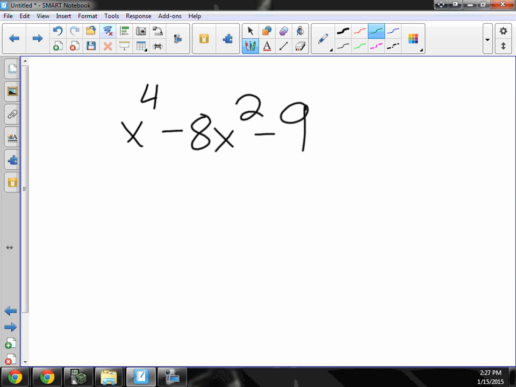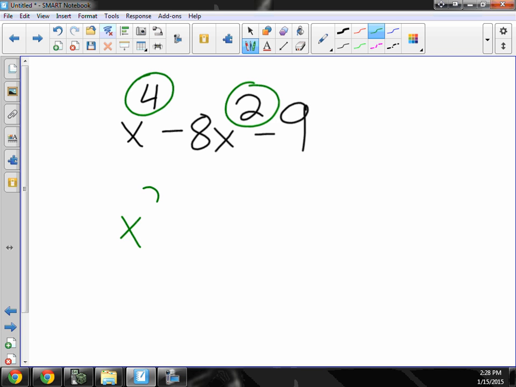Okay. Can we factor this? Is it a quadratic? It's a quartic, but could we pretend it's a quadratic and still factor it? Why? What is it about these two exponents that allows me to treat it like a quadratic even though it's not? Right, that's it.